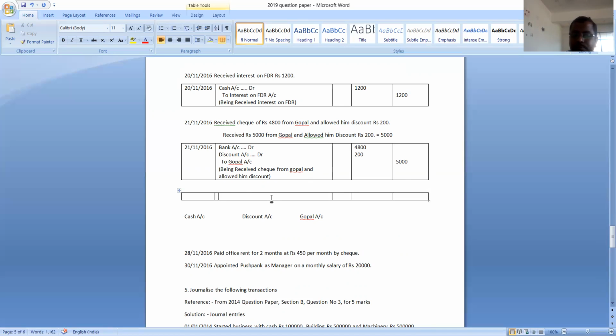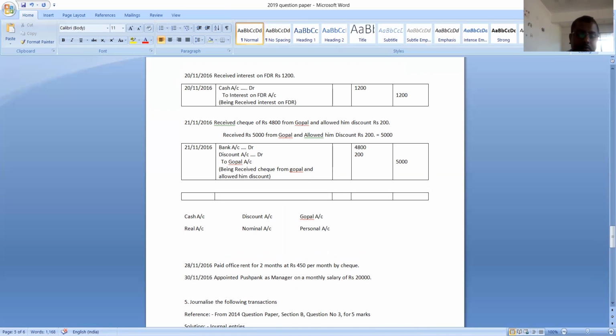Now same thing, we need to classify these accounts. Cash account is a real account, discount account is a nominal account, and Gopal's account is a personal account. What is the rule of real account?